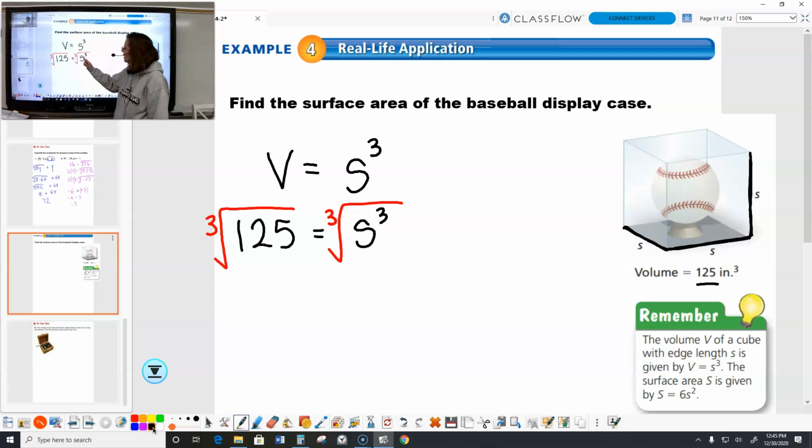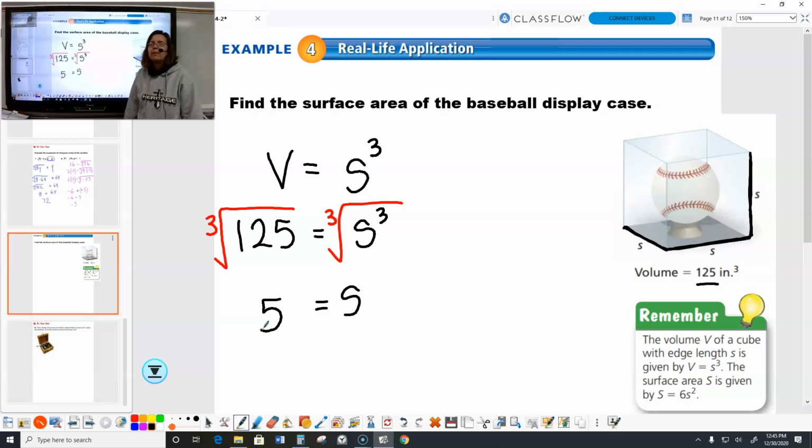All right, so the cubic root of S cubed is just S, and the cubic root of 125 is 5. Okay, 5 times 5 is 25, and then multiply that by another 5 to get 125. So S is 5. So that means the length of one side is 5 units.